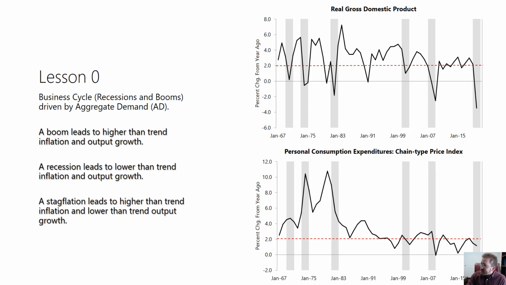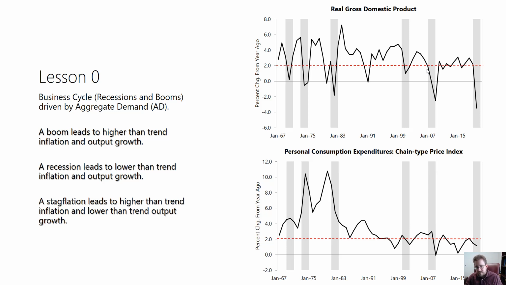And we can see this in two important measures: the output, the production/expenditure of an economy, and the price level or the inflation rate. So usually in boom times, we'll see higher than trend growth. And I've put an arbitrary little trend of 2% growth here.